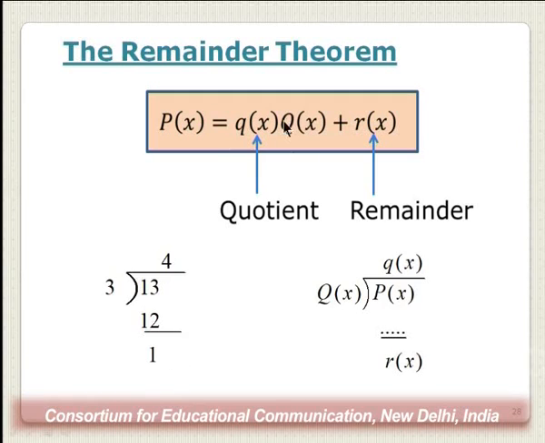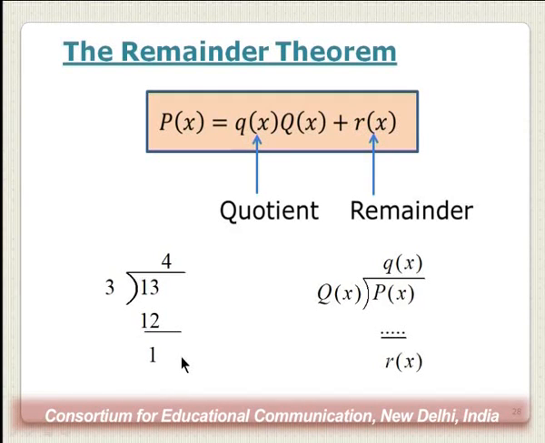So basically this formula is reflecting the same kind of operation that you work with in terms of long division of regular numbers. So here you have the quotient, little q of x, times your divisor, capital Q of x, the polynomial you're dividing by, plus r of x, which is then the remainder.